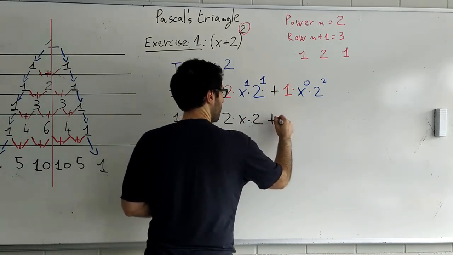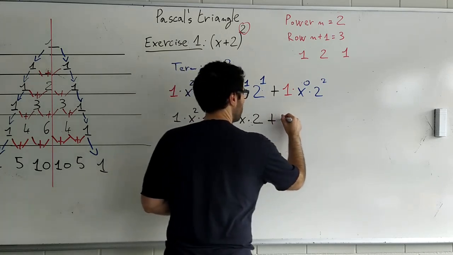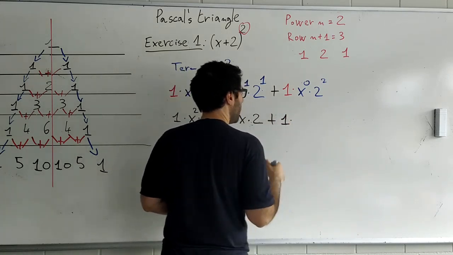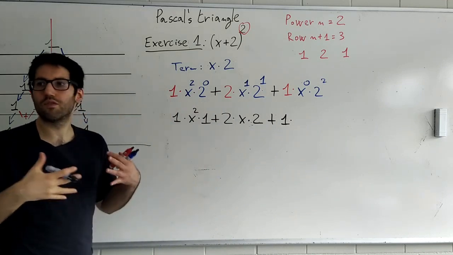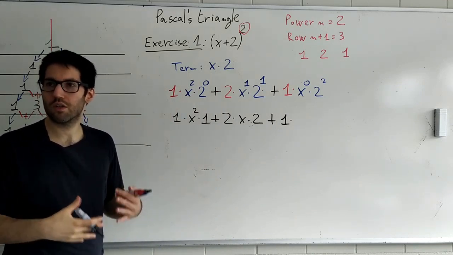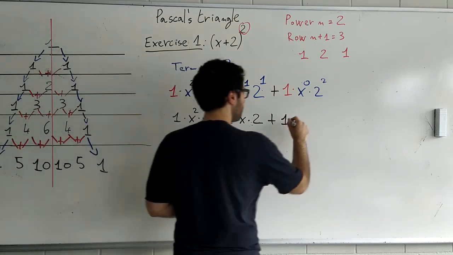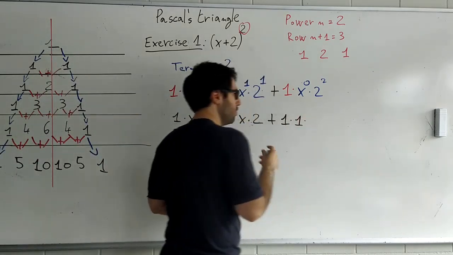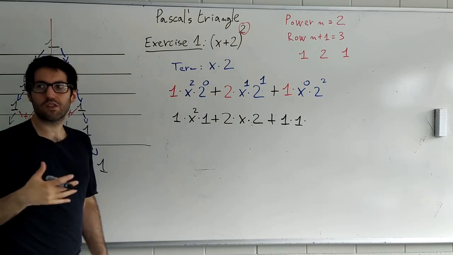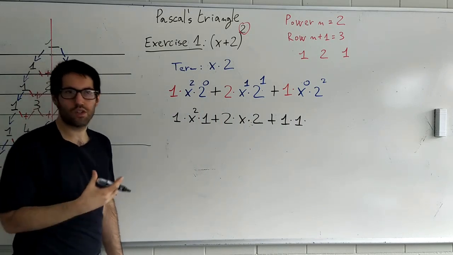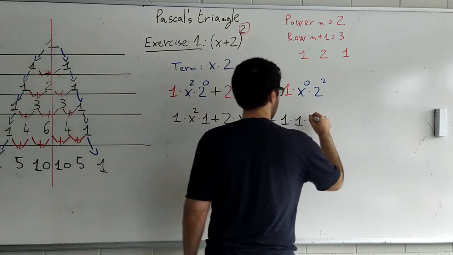Alright, so the last term is 1, which multiplies x to the power of 0. Again, same logic. If something is to the power of 0, we can just write 1. 2 to the power of 2 means 2 times 2, which is pretty simple. It's 4, of course.